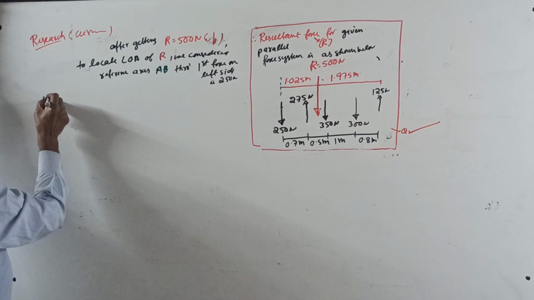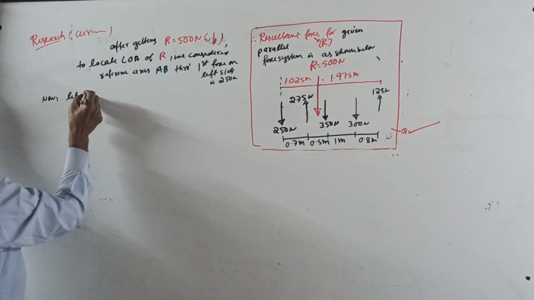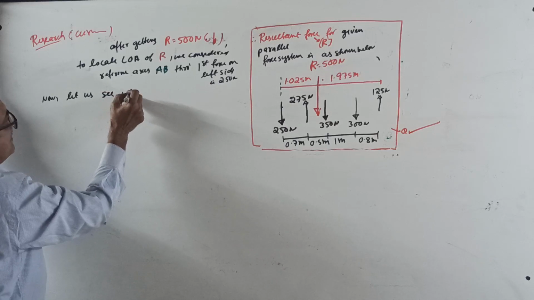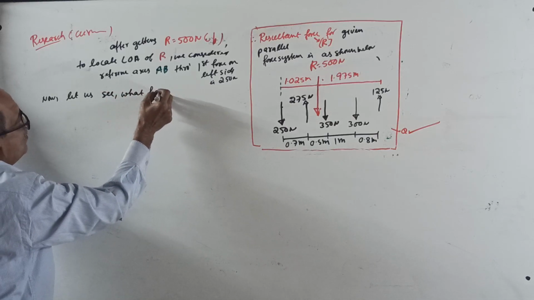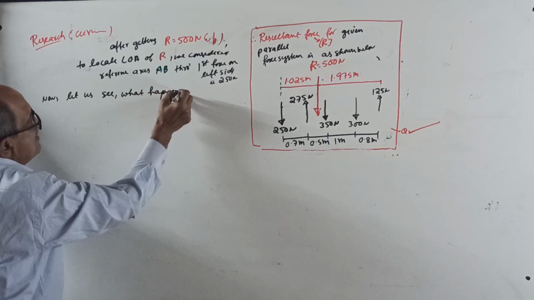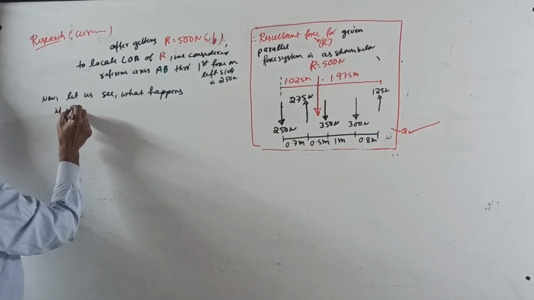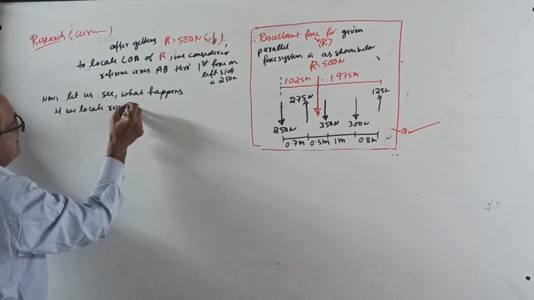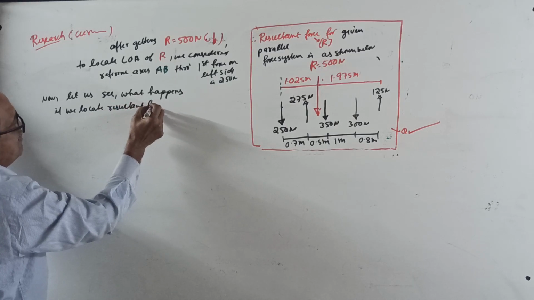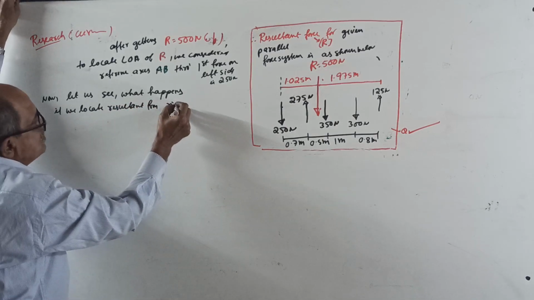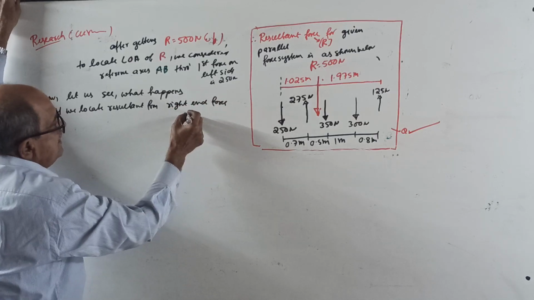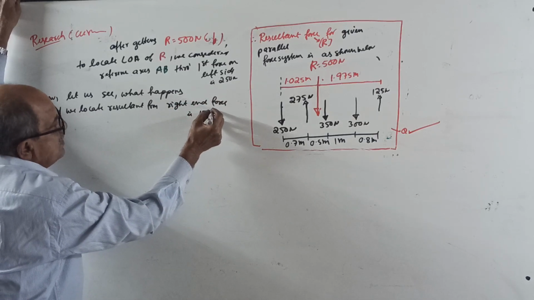Now, let us see what happens if we locate the resultant from the right end force, that is 125 Newton.